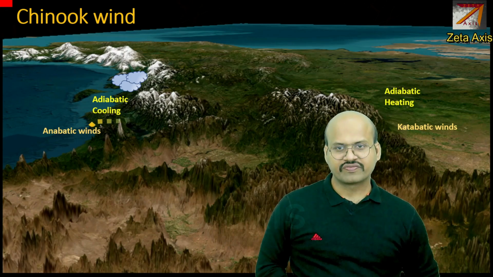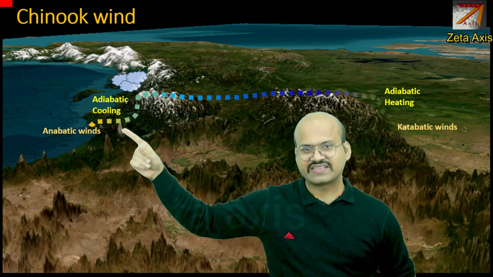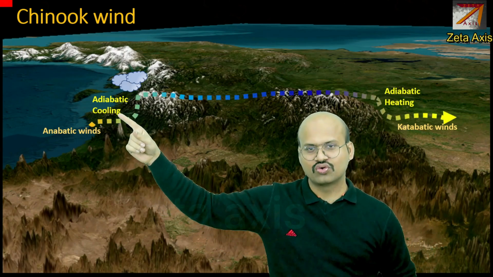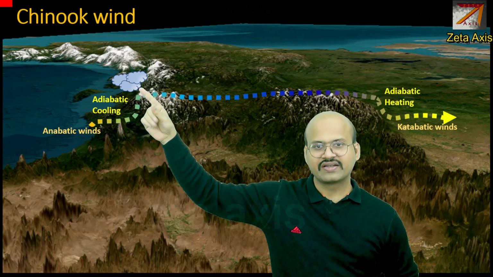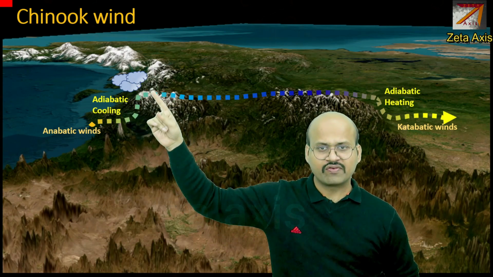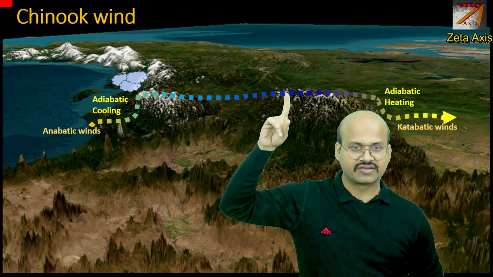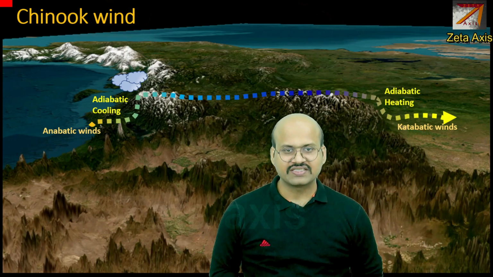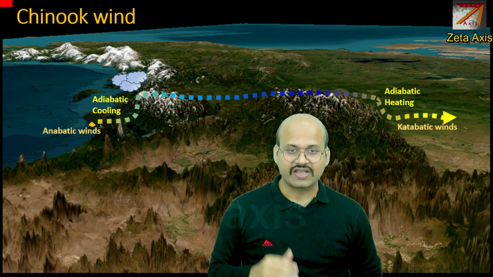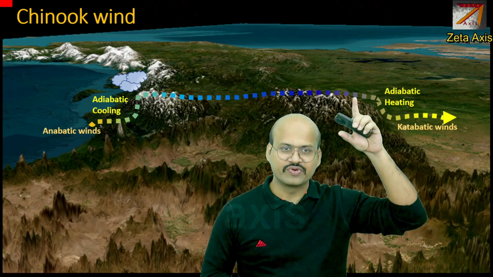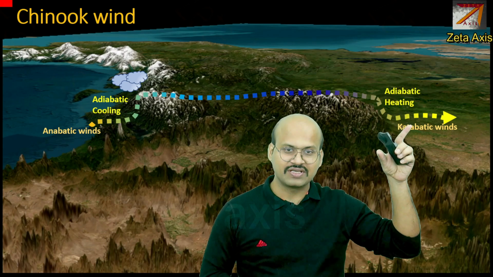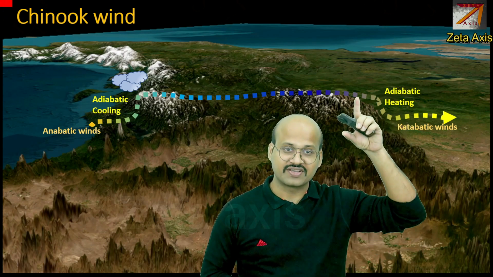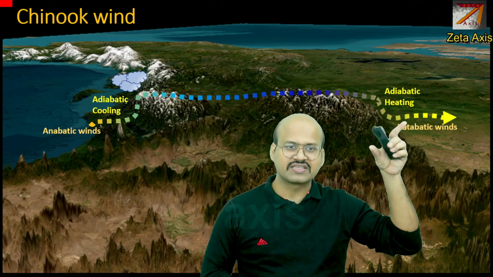When it is rising up over here, it is adiabatically cooled, forming clouds and giving rain. It will also give snowfall in this region. But when it descends over here, it is adiabatically heated because of adiabatic compression when the air is moving from the peak of the mountain towards the plain region, because the pressure is lower over here and the pressure is higher over here.